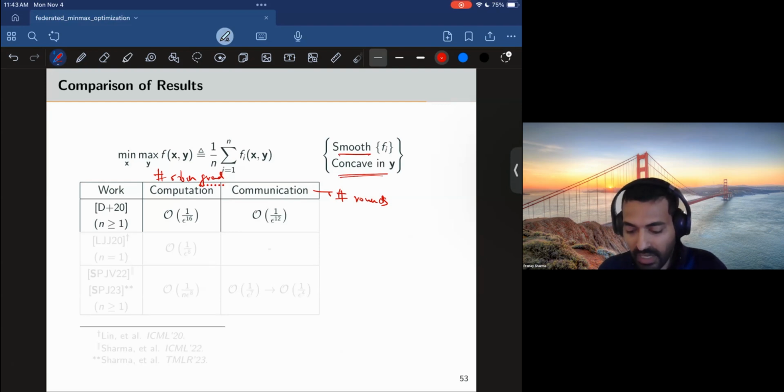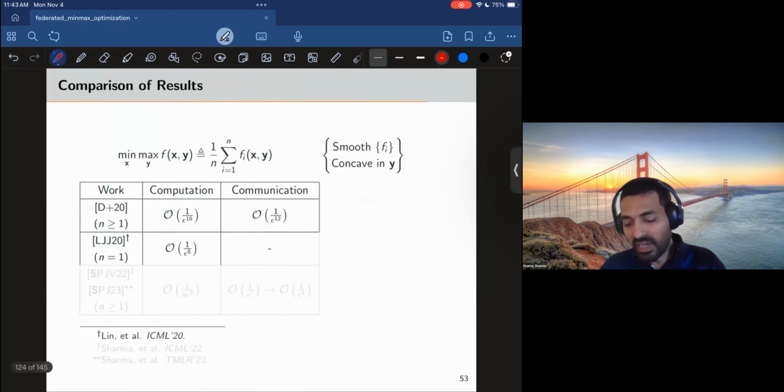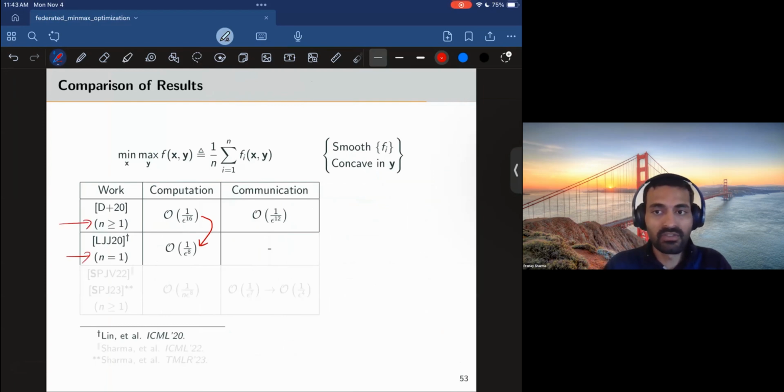Perhaps the first work to solve this problem was this. It achieved certain computation and communication results, but it was very quickly improved by a subsequent work, which improved this complexity from epsilon to the 16 to epsilon to the 8. But this was in a centralized setting. This was for a single agent setting, while the first work was in a federated setting.